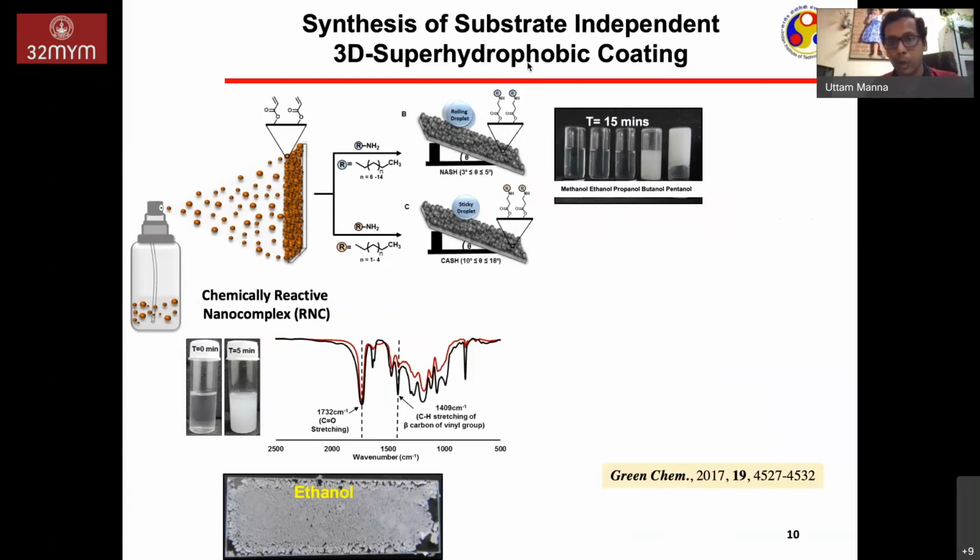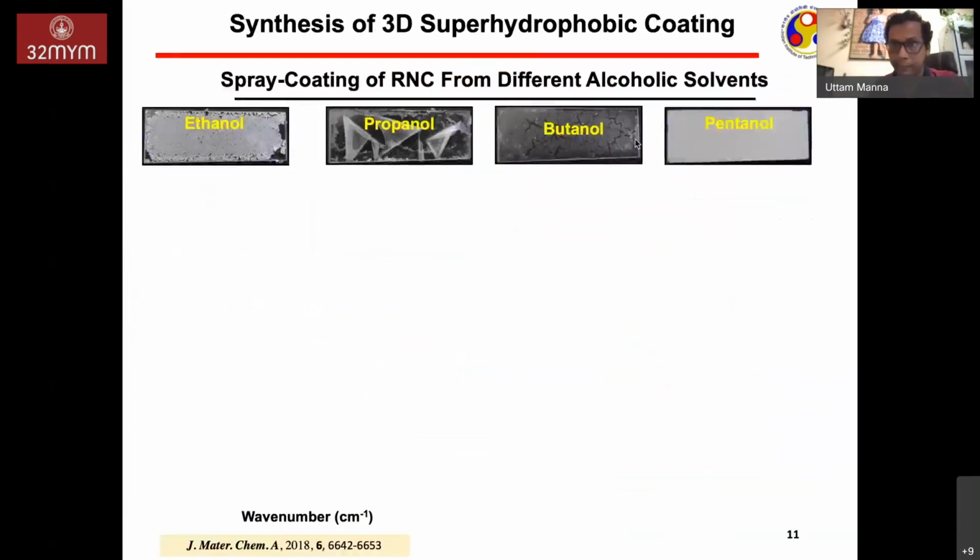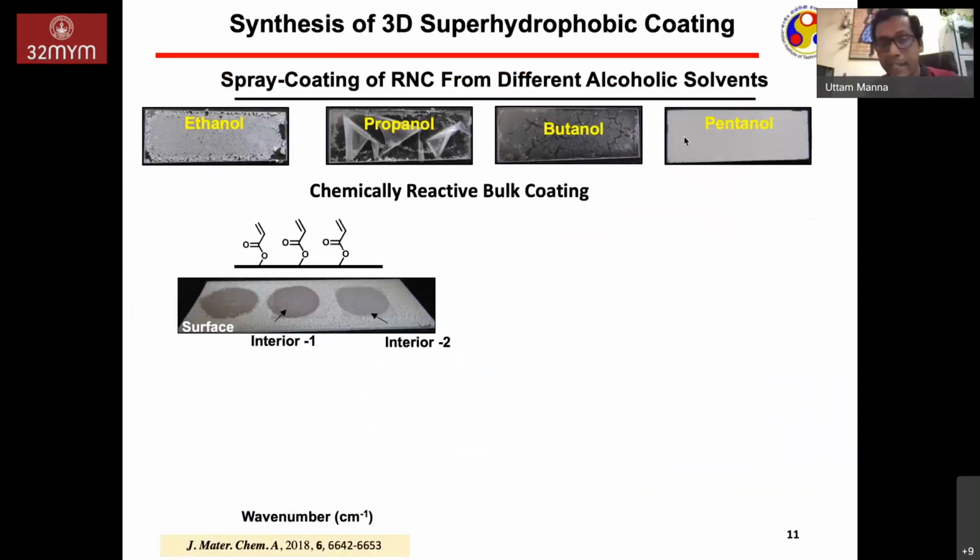So we changed the reaction media from methanol to pentanol. The solubility of these reactants in these solvents changes when you go from methanol to pentanol, and that helps for faster gelation, and that really helped us to get a uniform and thick polymeric coating, which remains chemically reactive all throughout the coating.